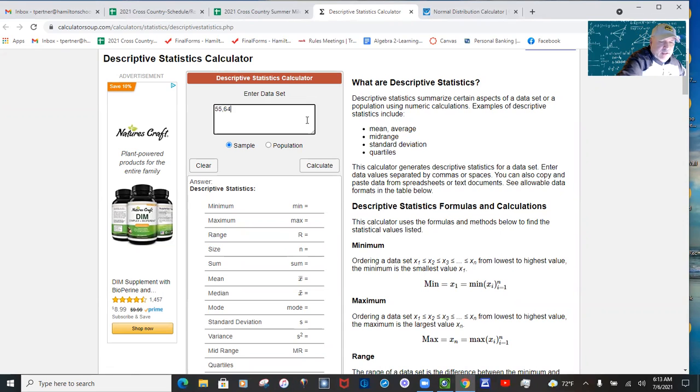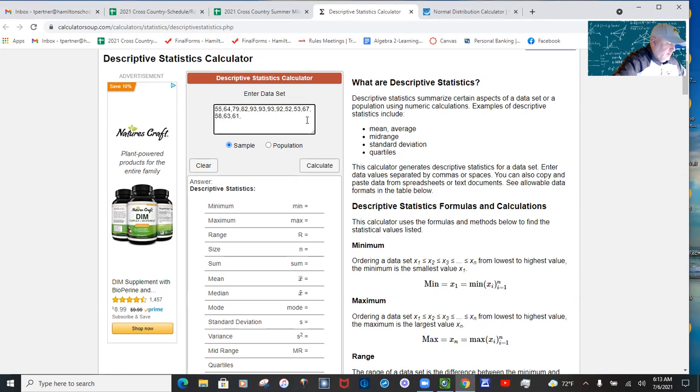Definitely make sure you get everything entered correctly. 79, 82, 93, 93, 2, 3, whoops, that says a 2, and a 92, 52, 53. It is a little bit tedious, but this is the best site to use.